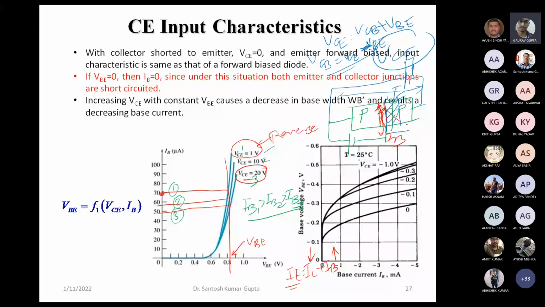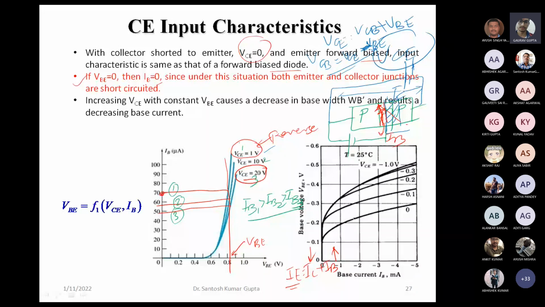There are certain comments here. If the collector is shorted to the emitter, that is VCE is equal to 0, and the emitter junction is forward biased, then the input characteristic is the same as that of a forward biased diode. There is no difference in that case. Whereas if VBE is equal to 0, then what will be happening?